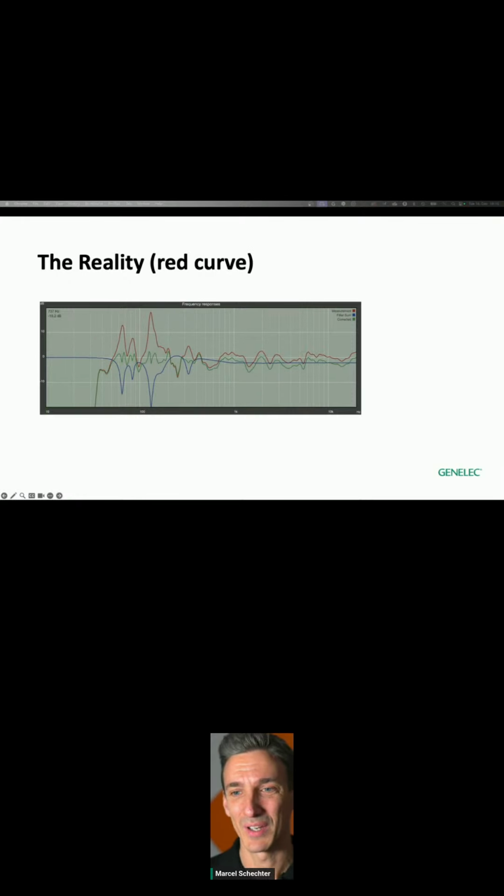So for example, at 130 Hertz, I would have approximately 18 dBs too much, which of course is a huge problem if I want to mix something, because it will also mask everything that's happening above and below that frequency range. So very easy to say, with this red curve, I could not do a mix. Although I have a really good speaker, I would be completely lost.